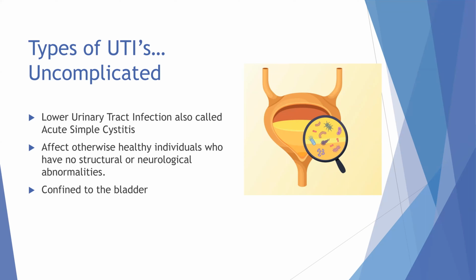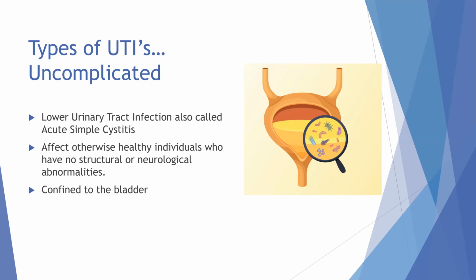So I'm just going to talk a little bit about different types of UTIs. Uncomplicated or simple UTI is sometimes called a lower urinary tract infection, but also sometimes called acute simple cystitis. The "itis" means infection, and cystitis refers to infection in the bladder.